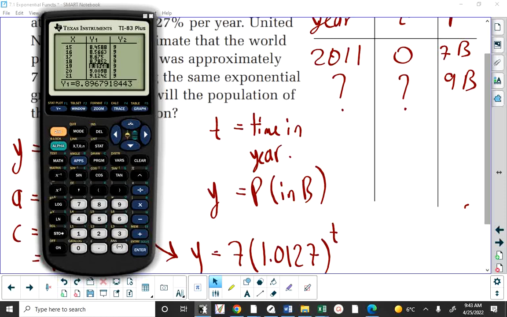I don't think you would encounter it. But the question might be, in what year will the population reach 9 billion, in which case it's 2030. The question might be, what is the first year where the population is always over 9 billion, in which case it would be 2031.